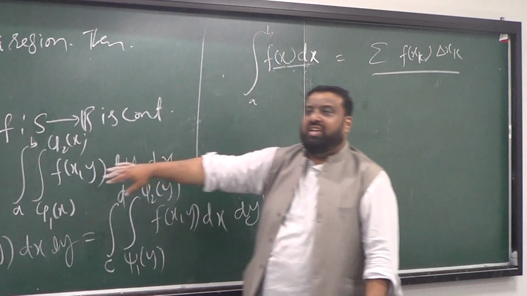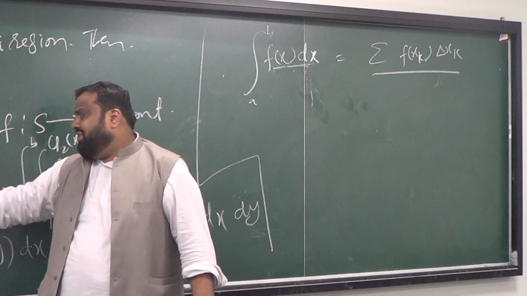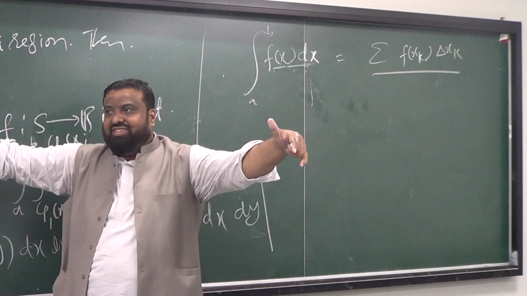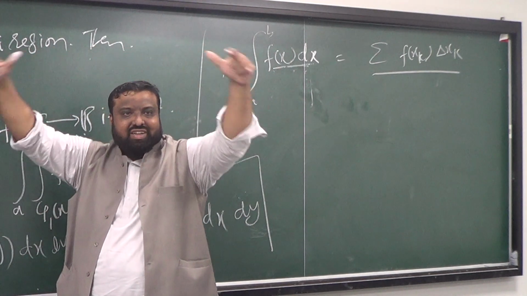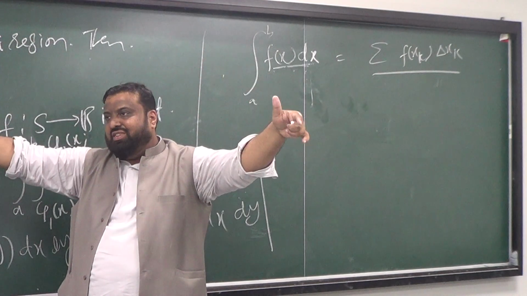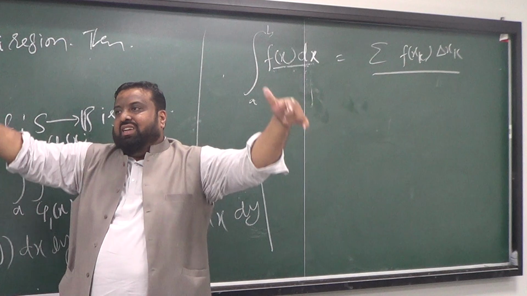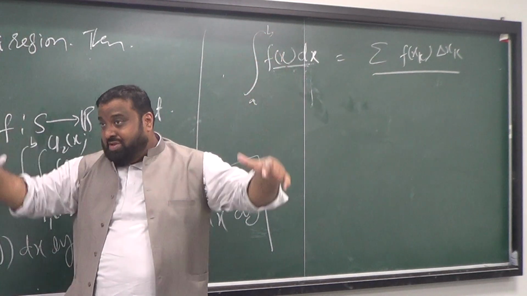So what would be the meaning here? It's really an analogy. They are similar, and this f is like a surface over a region in 3 dimensions, and you are asking, can I find the volume under this region?